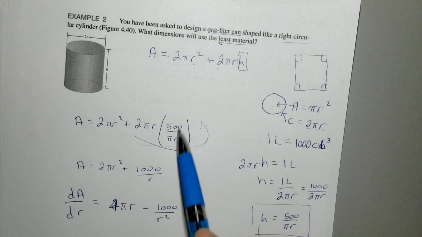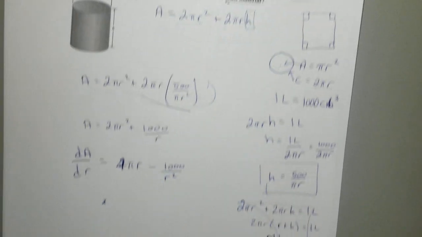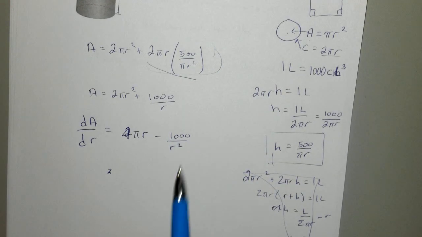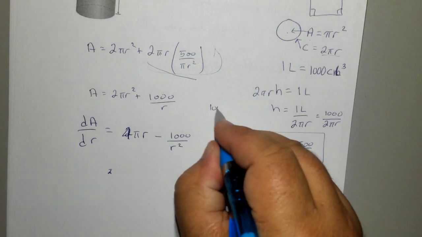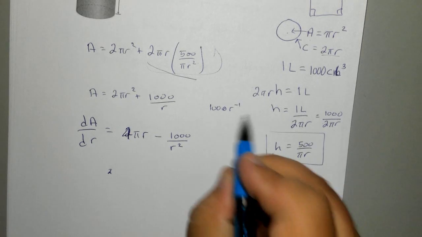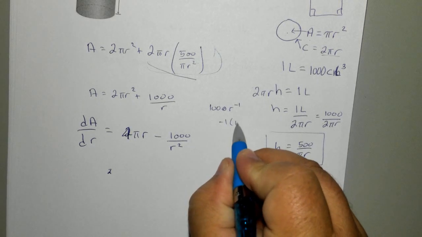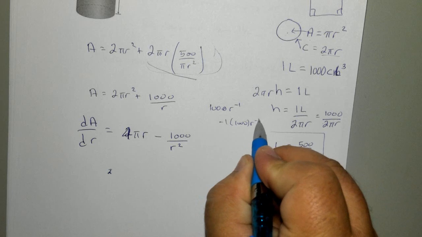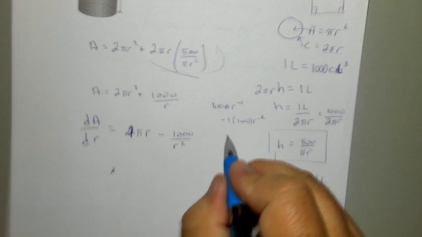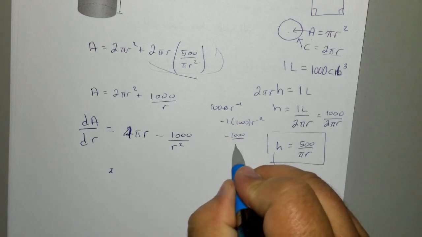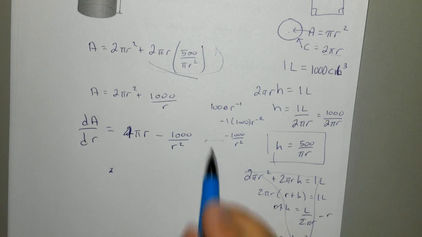The derivative of this one is going to be 4 pi r, and this one is the derivative of that, which is 100 times r to the power negative 1, negative 1 r to the minus 2. Which is that.